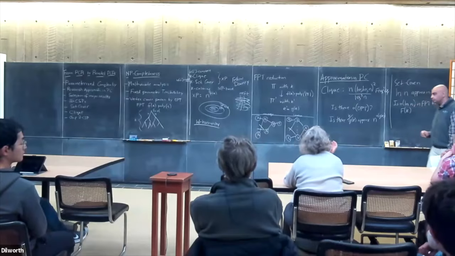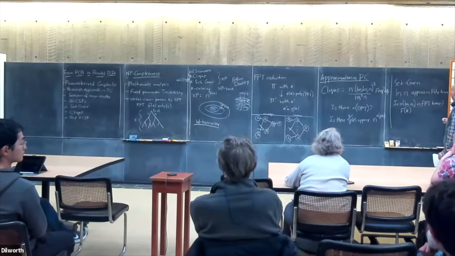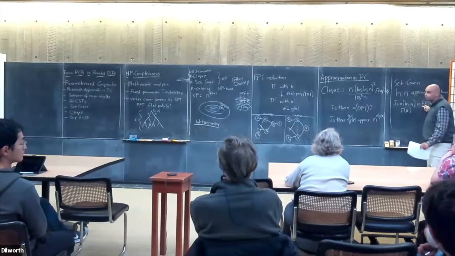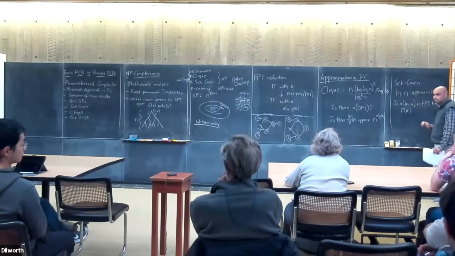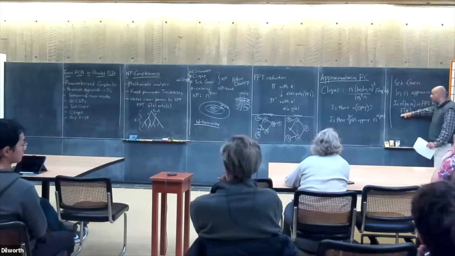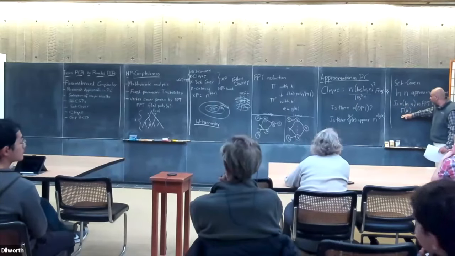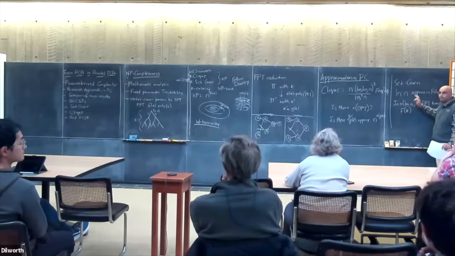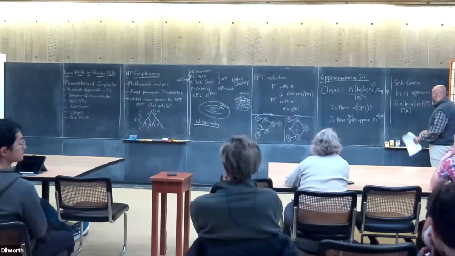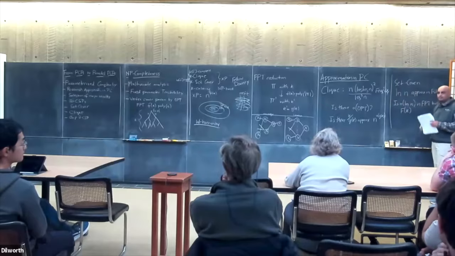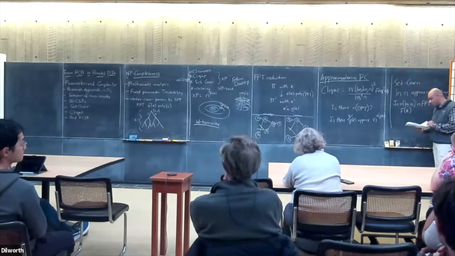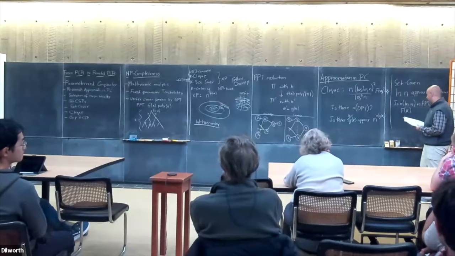And instead of FPT time, I can ask for n to the k, like brute force search and so on. I can even ask more ambitious things like any f of k independent of n. So we'll see answers to all these during the talk, hopefully with full proofs. At least 3 questions.